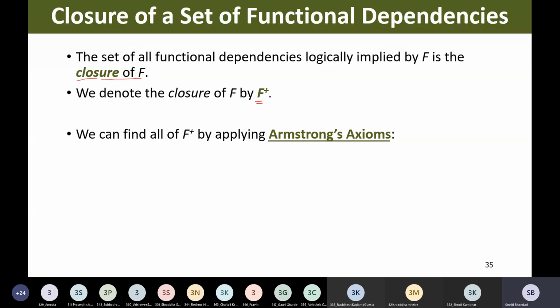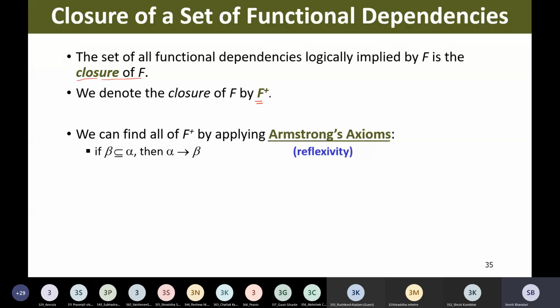To compute F plus, we have seen a few rules. Those are known as the Armstrong's axioms. So if we use Armstrong's axioms, it is possible for us to logically come up with new functional dependencies based on the given F. So we have seen three such Armstrong's axioms.